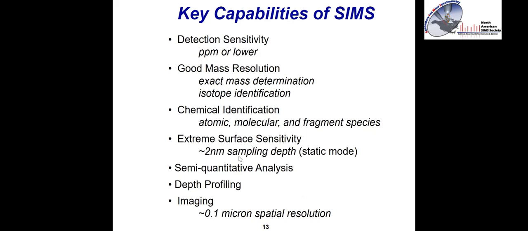And we're also looking at the near surface region, so we can tell surface modifications and things that are happening in that region. And with modern instrumentation, we also have the ability to depth profile, and we have very good imaging resolution that can even be sub 0.1 micron resolution, depending on your instrument and the gun that you're using.